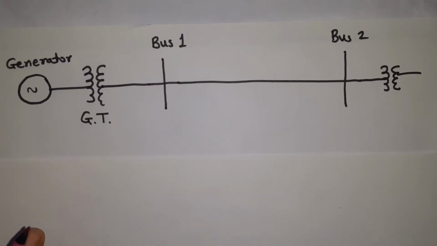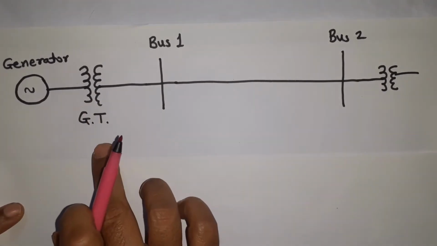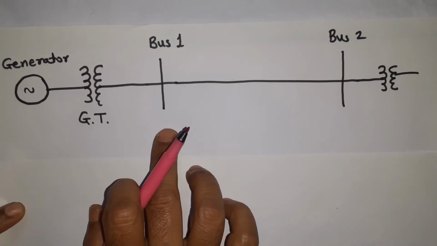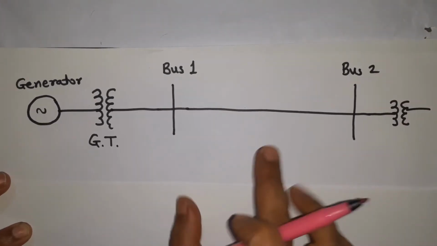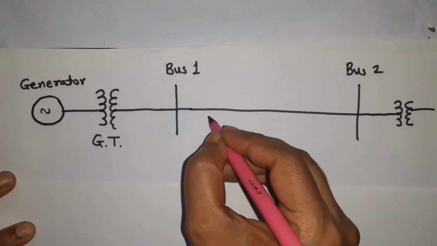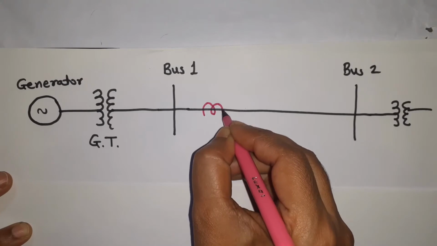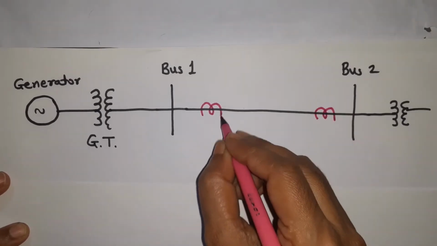Just try to understand it by one simple example. Here I am considering one generator, transformer, bus bar 1, transmission line, and bus bar 2. Now if I want to provide protection to this transmission line, then I need to locate two CTs. This is my CT1 and this is my CT2.